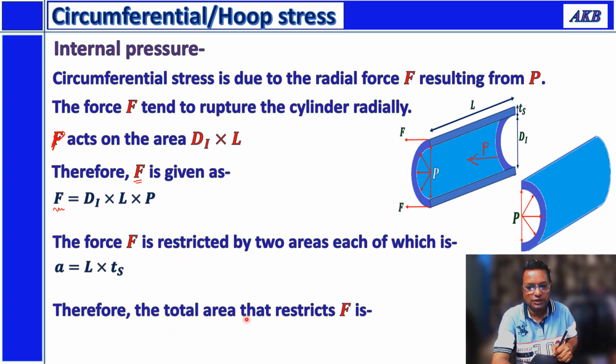So the total area that resists F in this case is 2 times A, that is 2 into L into Ts.